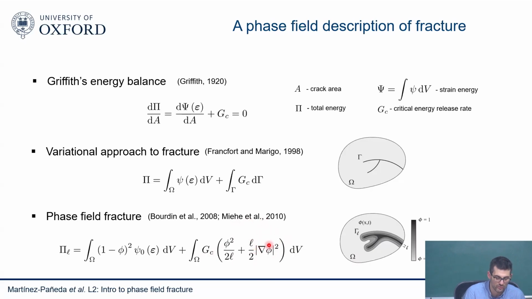But the key point is that because you have a length scale, your results are going to be mesh independent, mesh objective. Your mesh has to be fine enough to resolve that length scale. We'll discuss that later. But if your mesh is fine enough to resolve that length scale, you are safe. So it's not like most continuum damage mechanics models where one engineer running the simulation with the same parameters but a different mesh is going to get different results than the engineer sitting next to them.